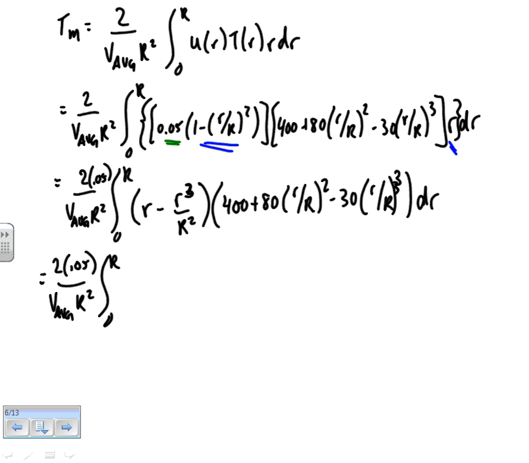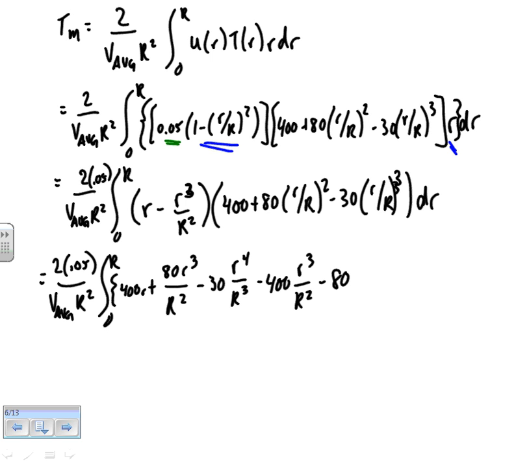And when I do that, I get 400 times R, the first two terms, then plus 80 R cubed over cap R squared minus 30 R to the 4 over cap R cubed minus 400 R cubed over cap R squared minus 80 R to the 5 over cap R to the 4 plus 30 R to the 6 over cap R to the 5.